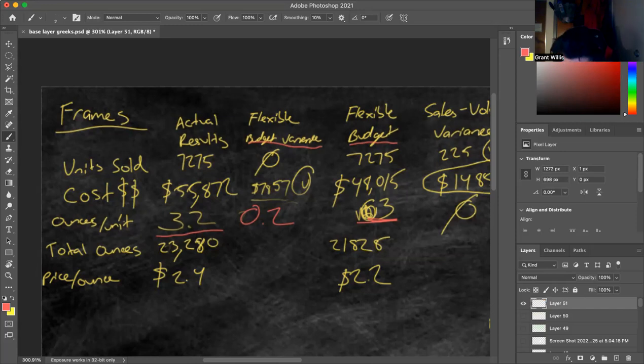Wait, so for the total ounces for the flexible budget, would that be 21,825? Yep. Okay, I see now.